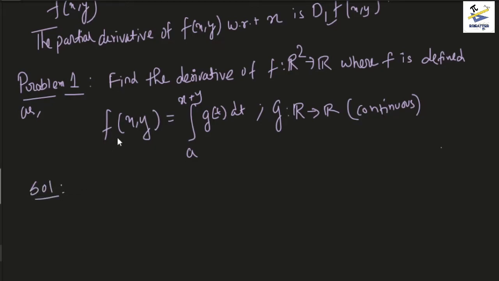Now notice that it is not a very usual problem as regards the previous problems that we have solved, because this one involves integration, and when we are solving such a problem, we need to keep in mind that we are doing an integration but with variable limits.